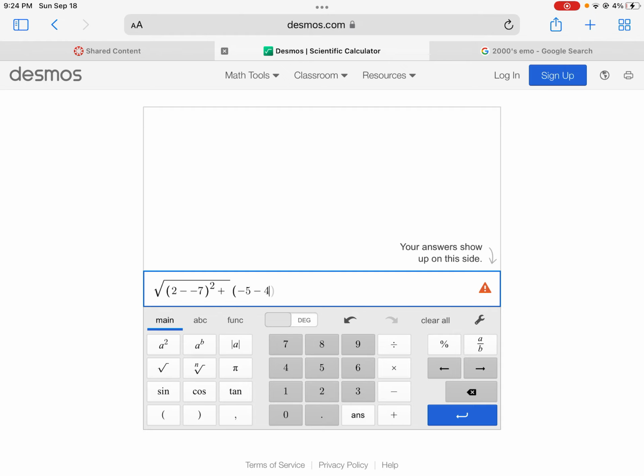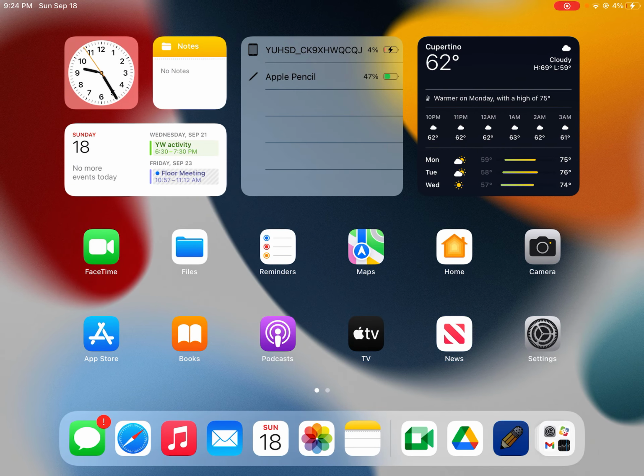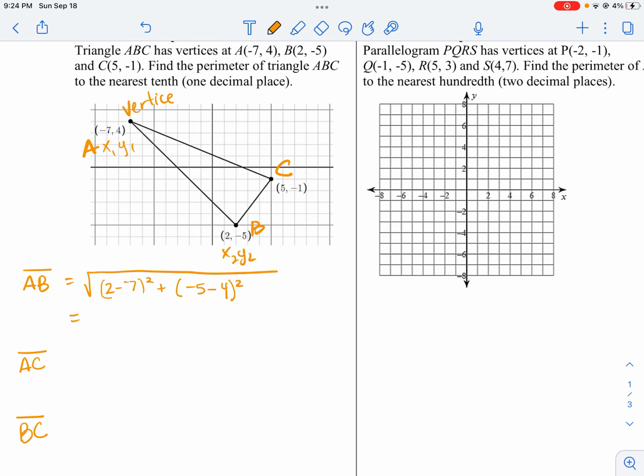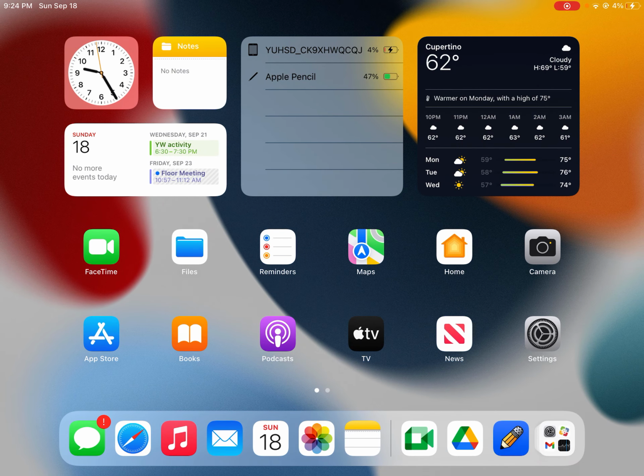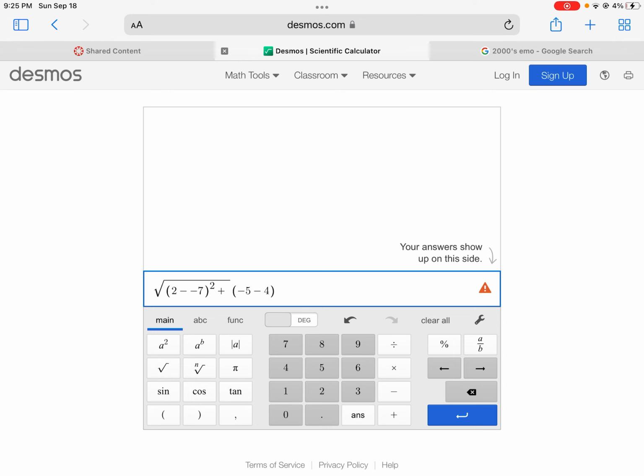Minus 5 minus 4 squared. I need to make sure that's all the way under the radical and it doesn't look like it. So plus negative 5 minus 4 squared. See the difference now in how the radical is?